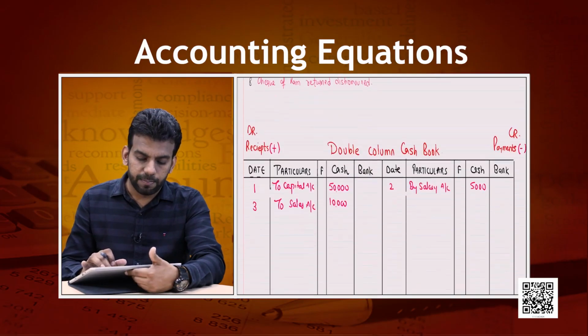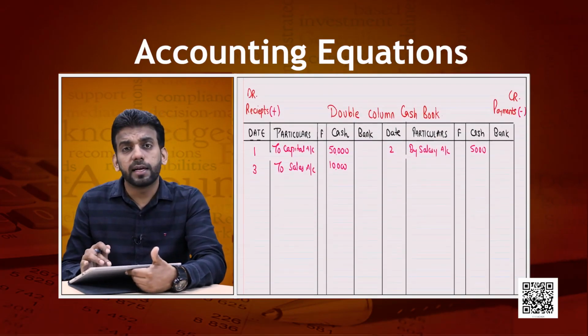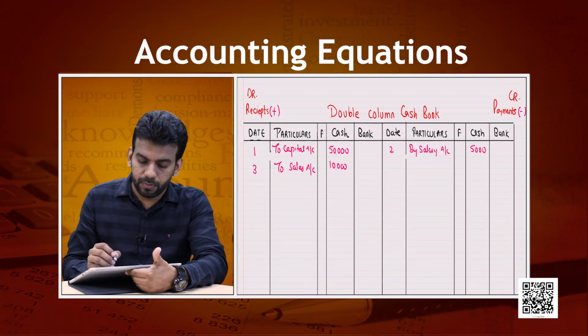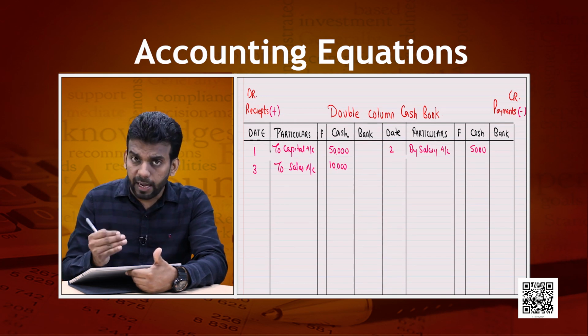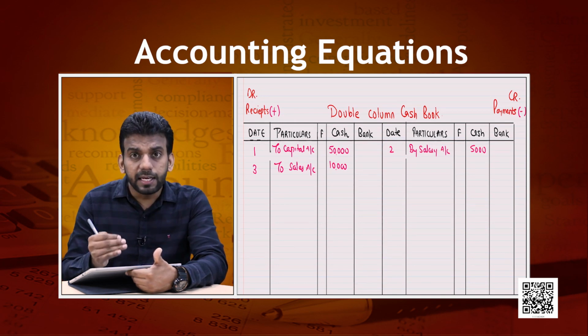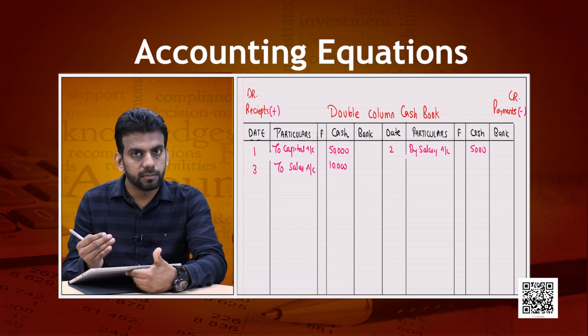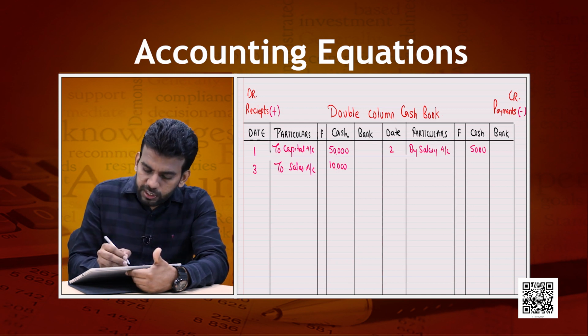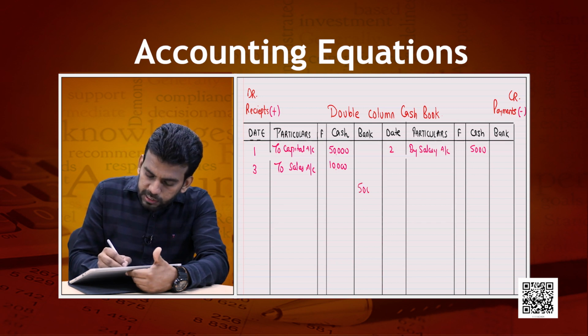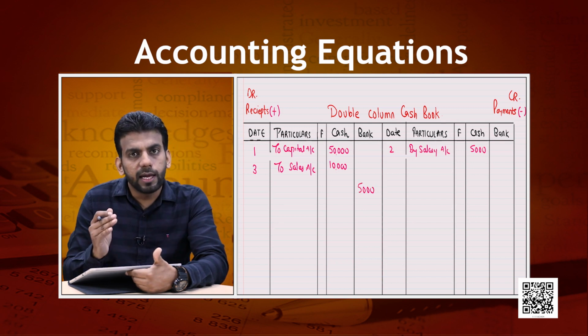Let's learn how we record them. I deposited cash into bank. Let's try to make it really simple. When I deposit money into bank, bank is receiving money. There is an increment in the bank. So, you just record this 5,000 in the receipt column of bank because bank received money.